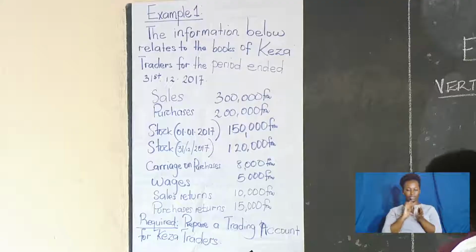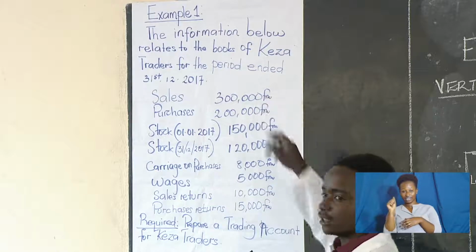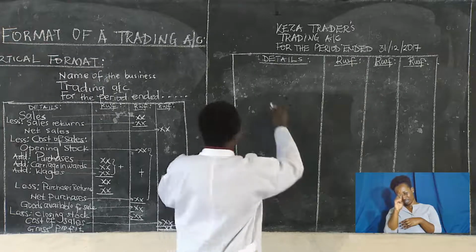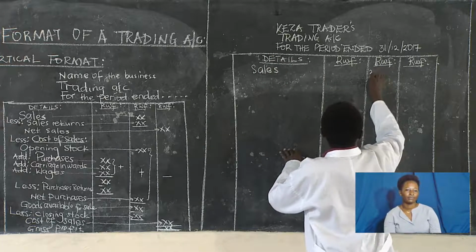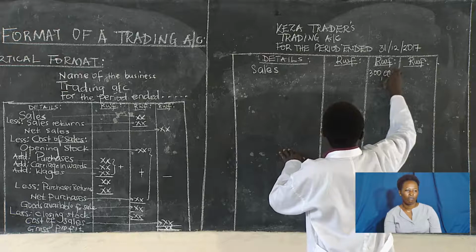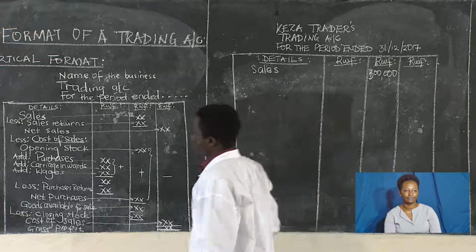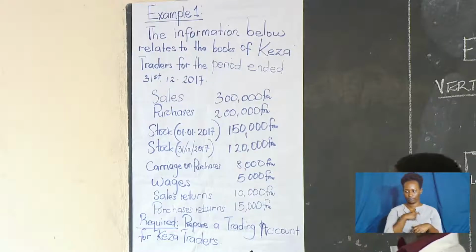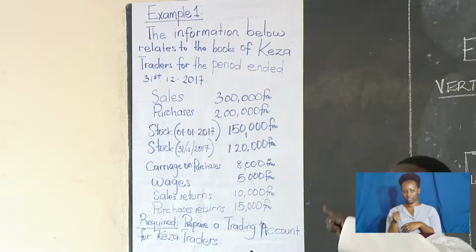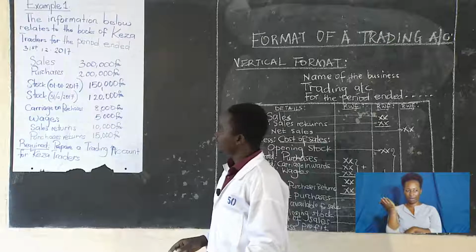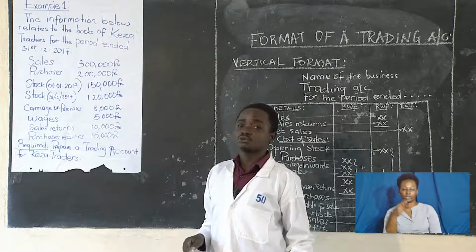We have sales. During this period, Kaiser Traders sold goods worth 300,000. So sales, you write here 300,000. Now, you have to check. If Kaiser Traders sold goods worth 300,000, are there goods that customers returned or brought back? Check. And those goods we said they are called sales returns or return inwards.